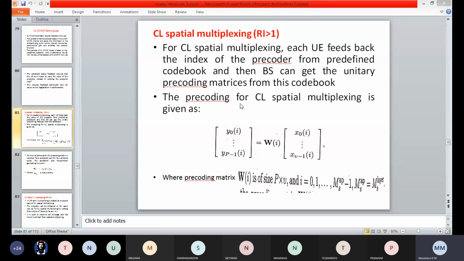The precoding of the closed loop spatial multiplexing is given as the matrix of y0 of i to y p minus 1 of i equal to W of i times the matrix of x0 of i to x v minus 1 of i, where the precoding matrix W of i is of size P cross v, and i is 0, 1 to M symbol AP minus 1.